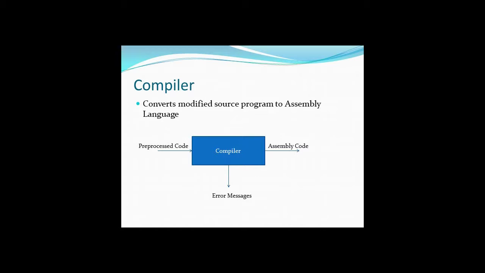Because the assembly language code is easier to generate from a high level language, and also this code is easier to debug. So the compiler converts the preprocessed code to assembly code, and also in case of any errors, the compiler displays those error messages.